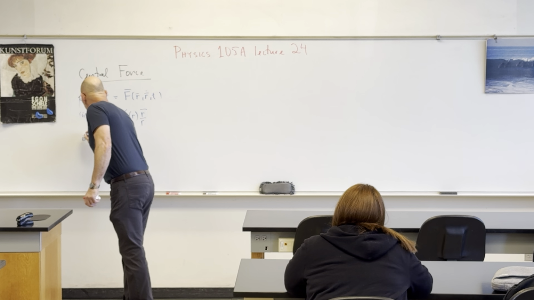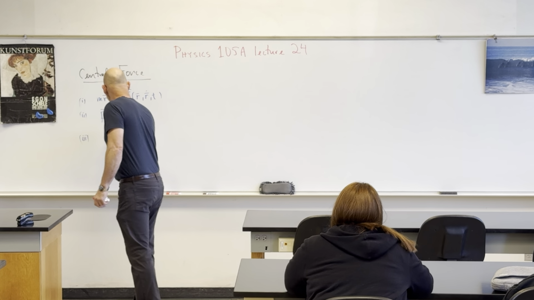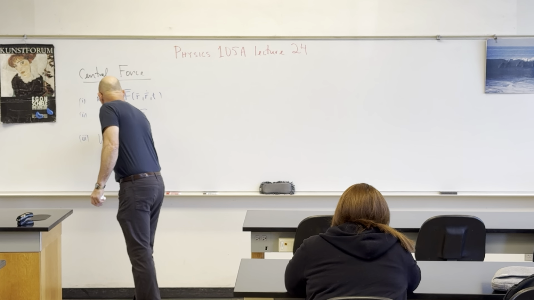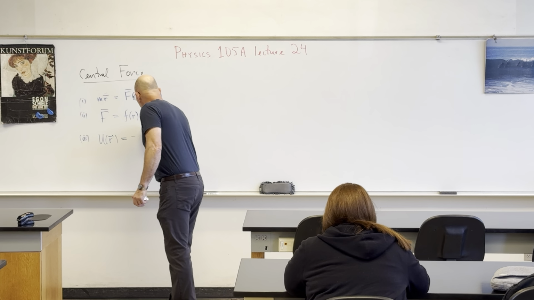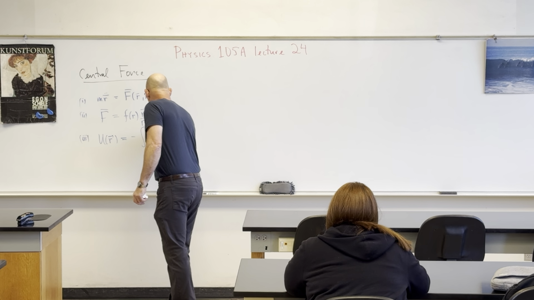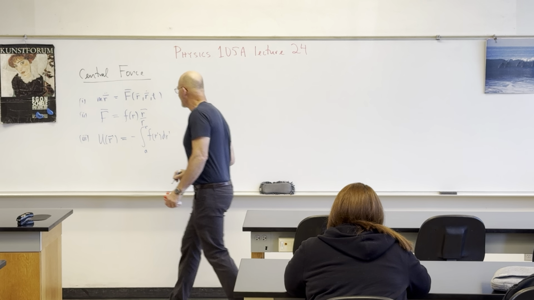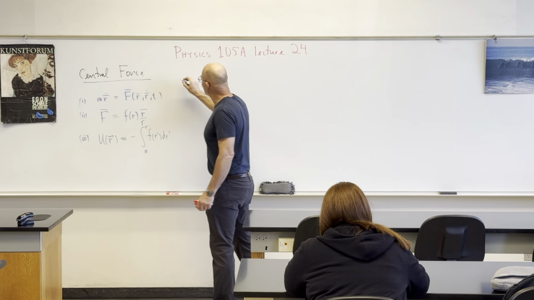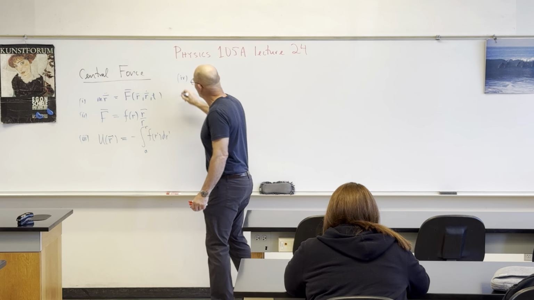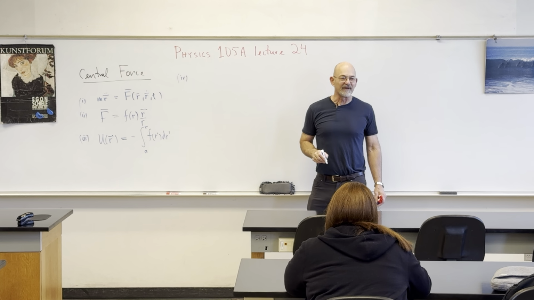If you have a force of this form, you then have a potential energy of this form here. And if you have a potential energy function of that form, then you have conservation of energy.